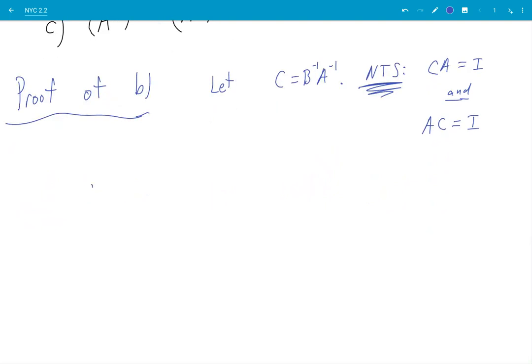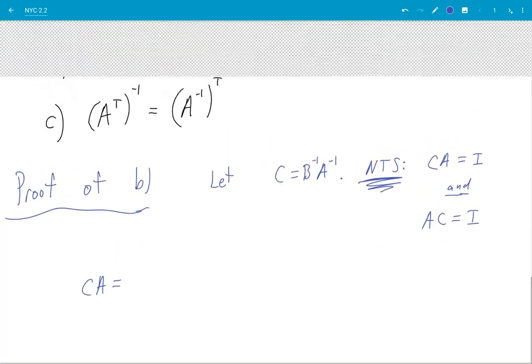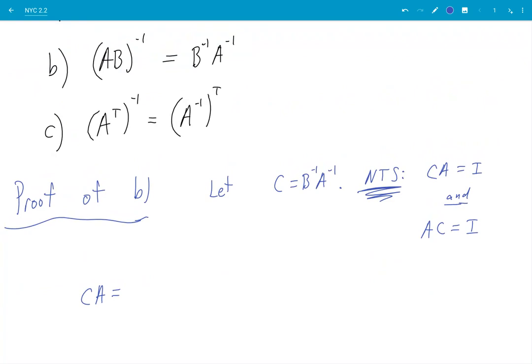So I will calculate CA. What is CA? CA is, oh no, I screwed up royally, haven't I? I wretchedly screwed up. Okay, I need to totally rewrite what I've circled here.